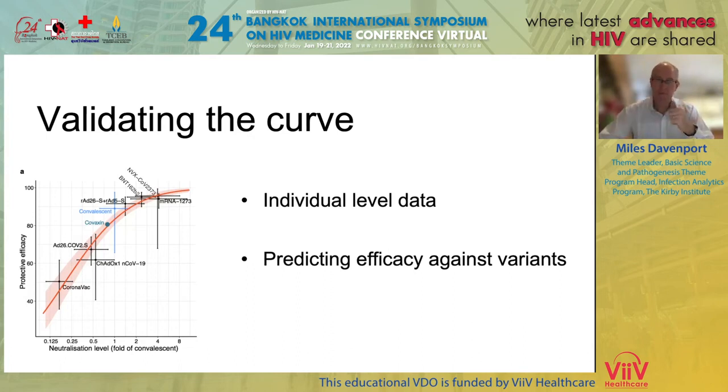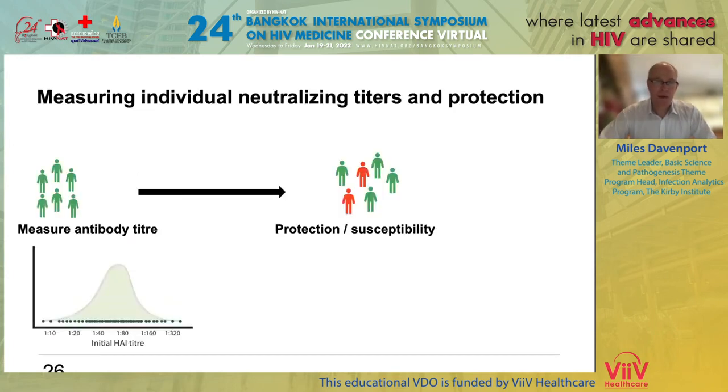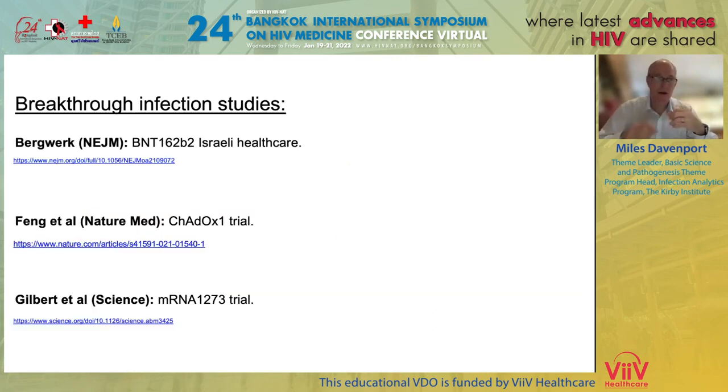And secondly, how we use this to predict efficacy against the variants. Just to remind you, in the individual model similar to flu, the idea is to measure antibody titers of individuals before they're exposed and then look at who got infected and what their initial antibody levels were. There are a number of studies that were done on this.